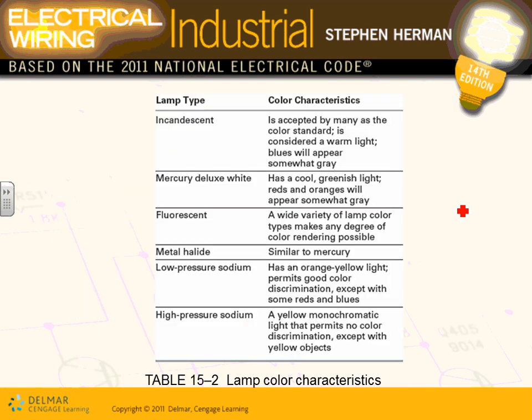All right, here are a few things, guys, about the color rendering index. If you remember from last year, we talked about the incandescent one being accepted by many as the color standard. It's considered warm white. Blue will appear somewhat gray though. I don't know if you remember, 100% is outside in the summer, I think that's what we did in the summer in Minnesota, outside at noon.